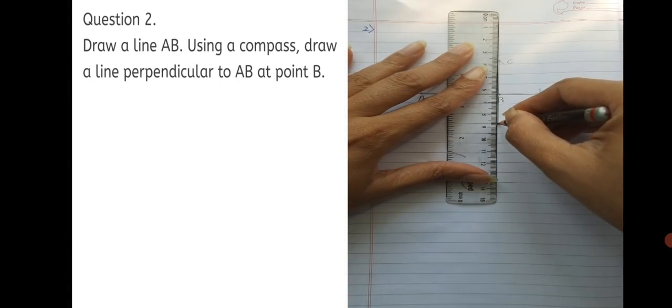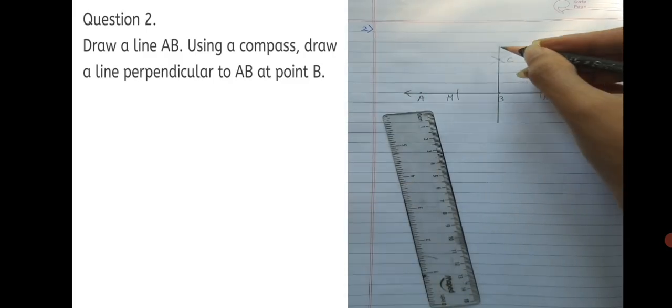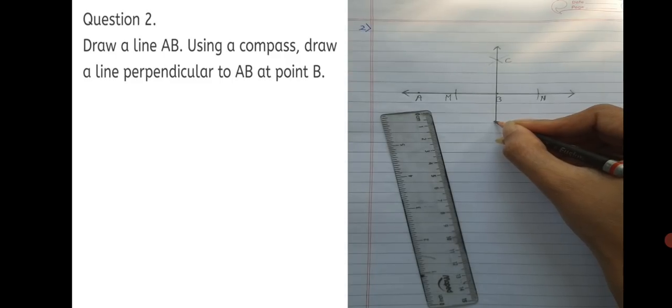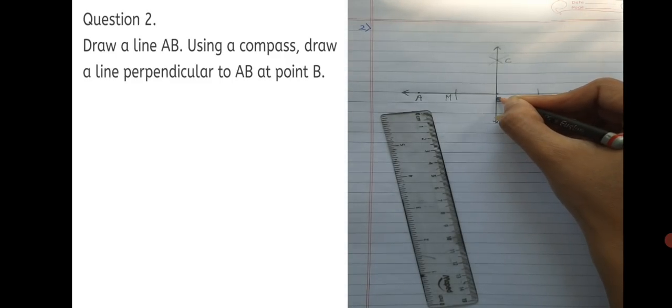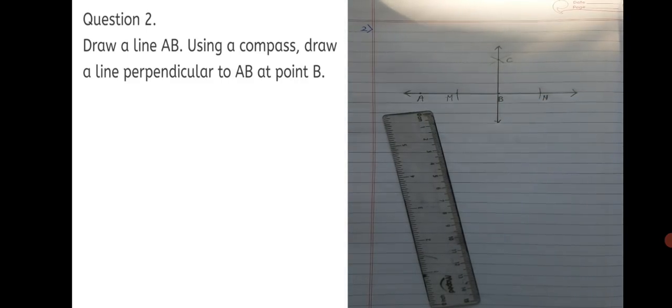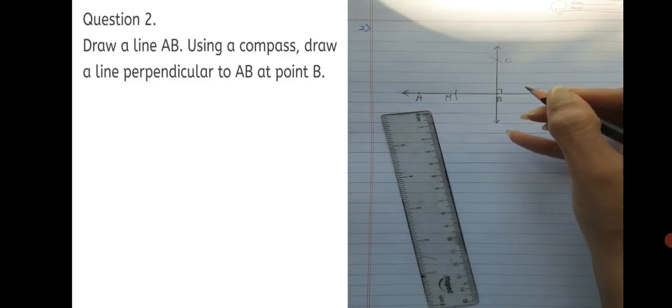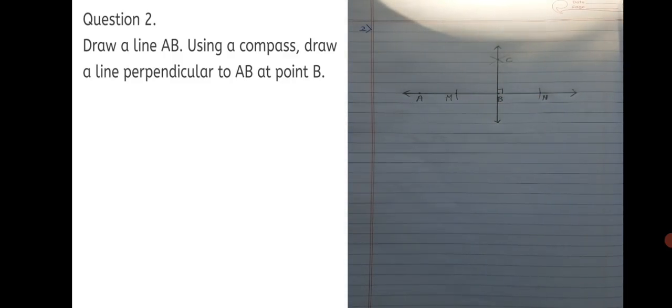So with the help of a scale and pencil, mark a straight line passing through point C and point B. Mark the arrows on both the ends, and this way we have got BC perpendicular to line AB at point B. Mark the perpendicular sign.